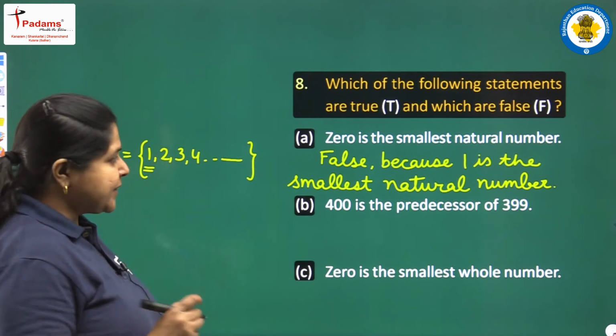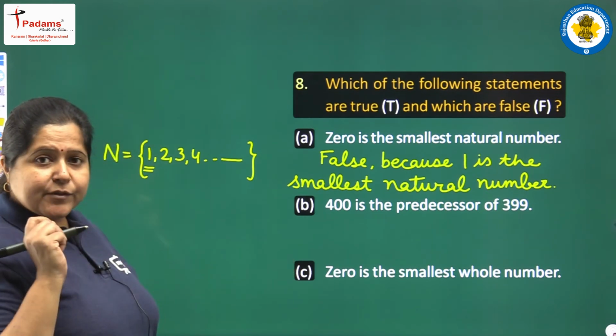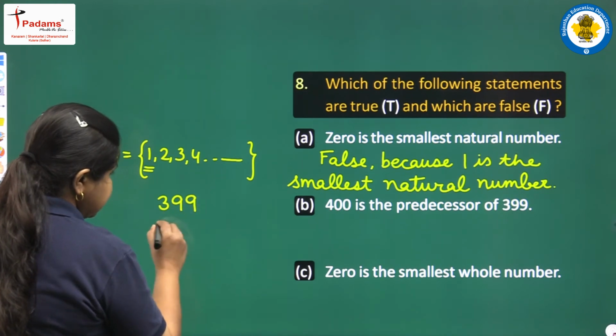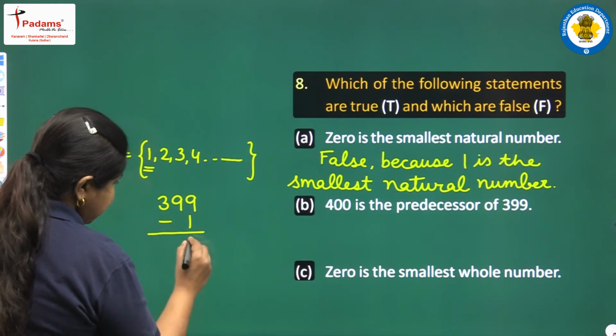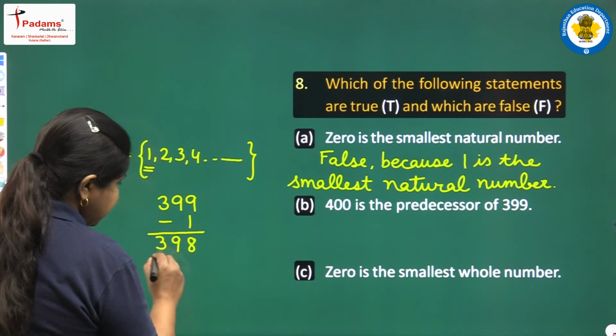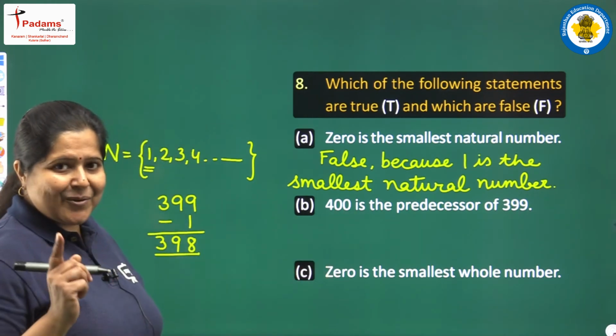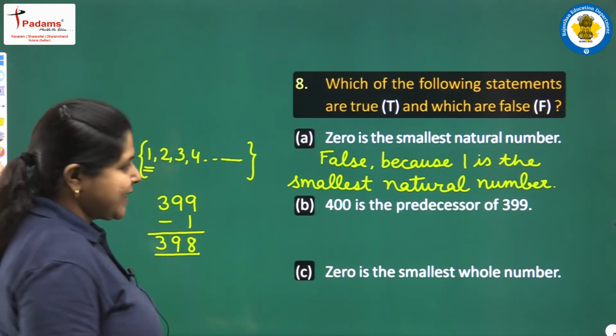How do we find the predecessor? We simply subtract 1 from it. Let us subtract 1 from 399. What do we get? It's 398. So, is 400 the predecessor? No, again it is a false statement.